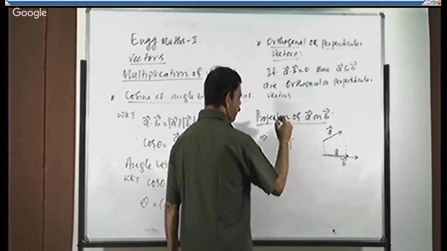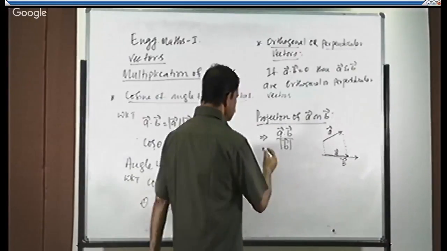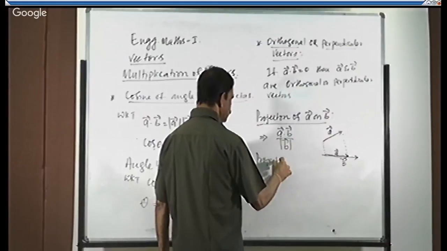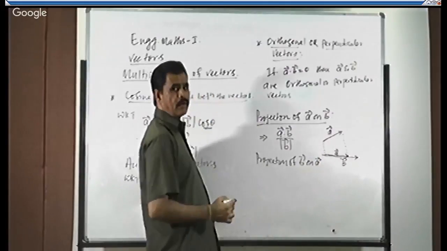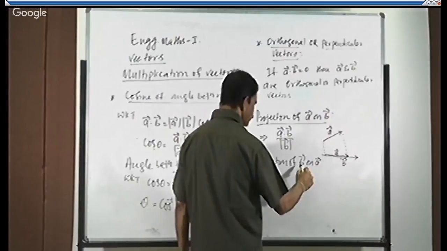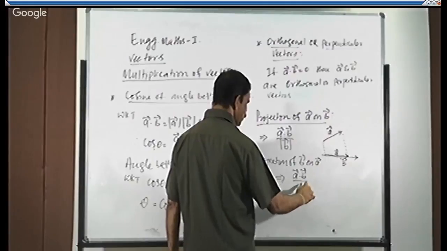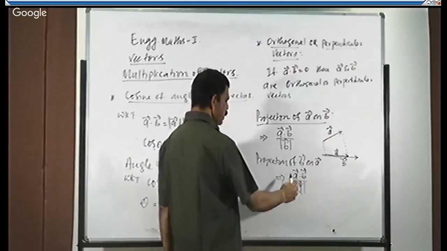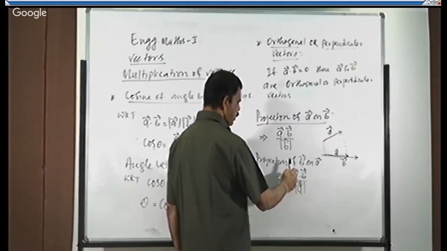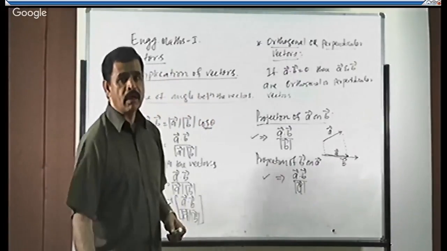That is A dot B divided by magnitude of B gives you the projection of A on B. We can also have the projection of B on A. The formula is the same, A dot B divided by magnitude of A, since B dot A and A dot B are one and the same. This is the formula to get the projection of one vector on another vector.